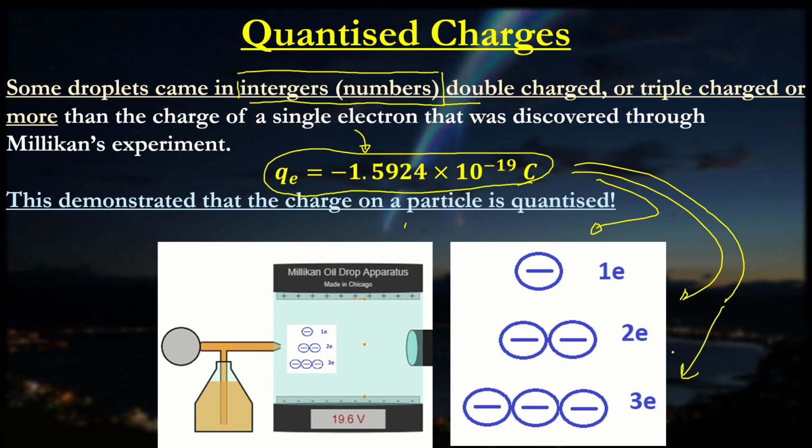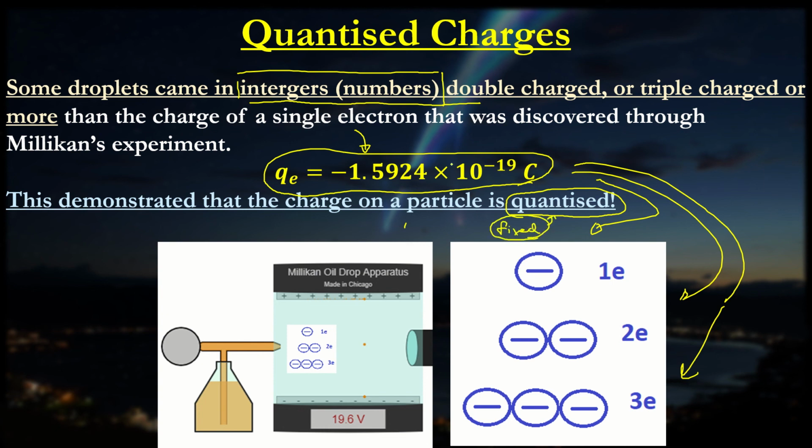Obviously this is a little generalized, but nonetheless, not only did he find the charge of 1 electron particle, he also found that it was quantized, so it is a fixed number.